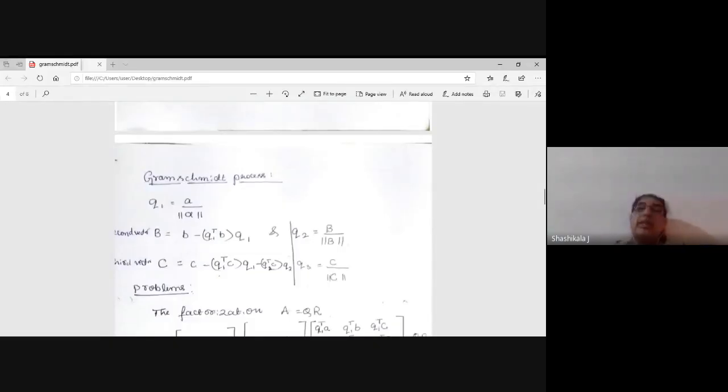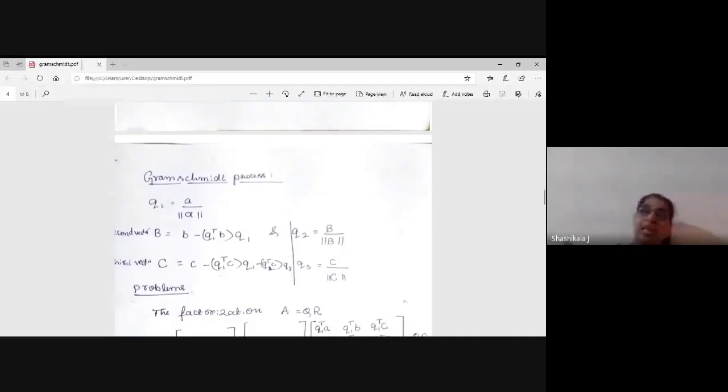That means if you process an m cross n matrix, and the matrix is very big, it takes more computation. But the advantage of making the columns orthonormal is that when you take the projection, you can go for one-dimensional calculations. You take only the x component and y component separately, z component separately, and then you can add.